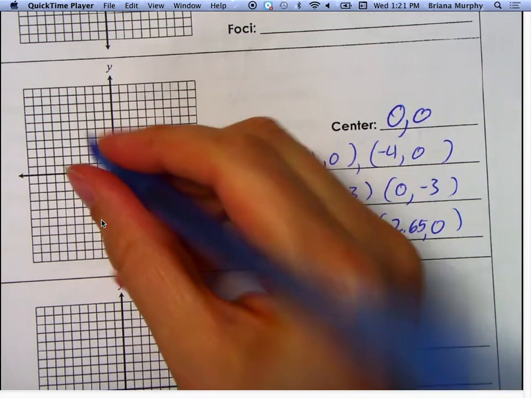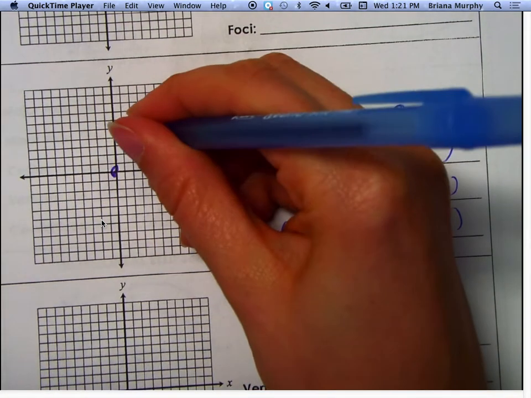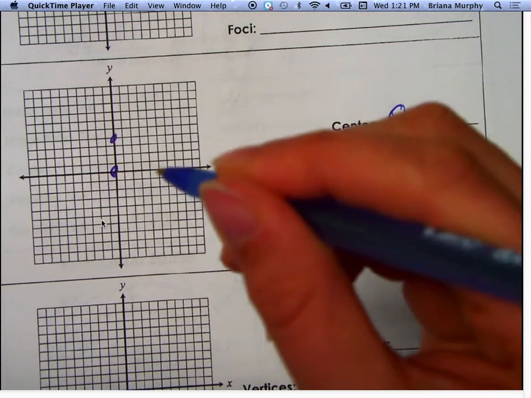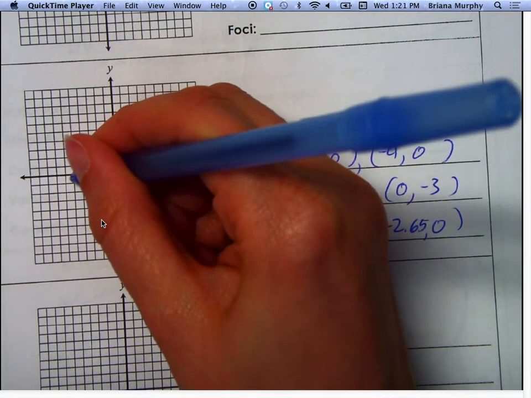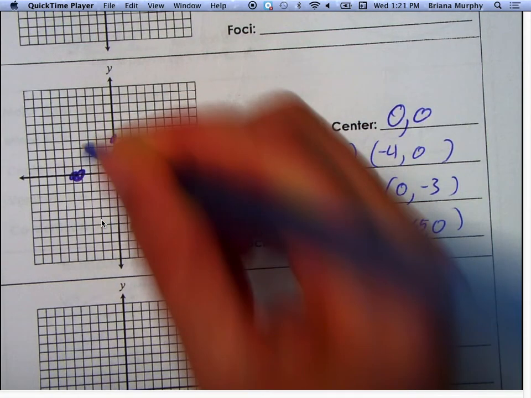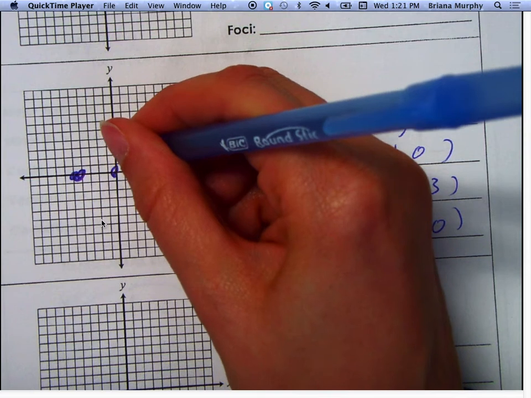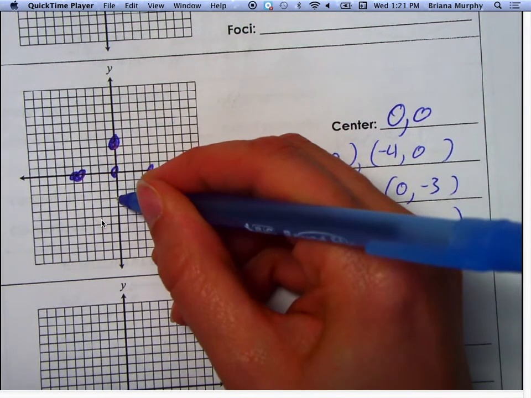Okay, so I'm going to put a dot at 0, 0. I'm going to put another dot at 4, 0 and negative 4, 0. I'm going to put a dot at 0, 3, and a dot at 0, negative 3.